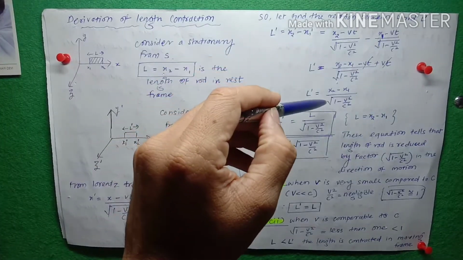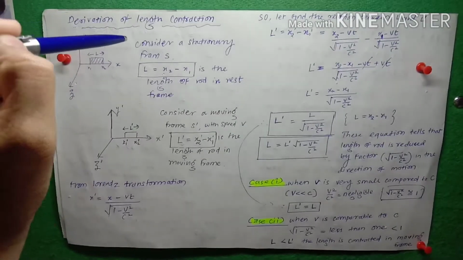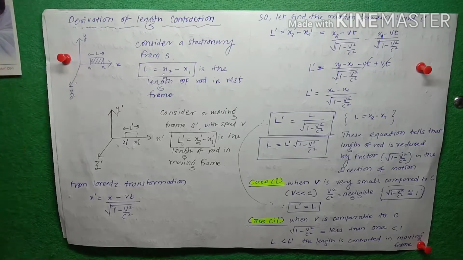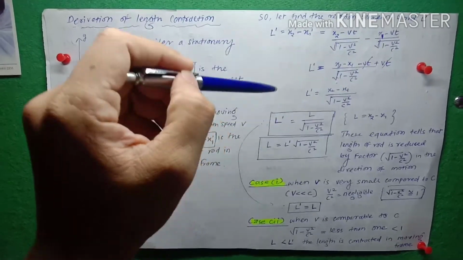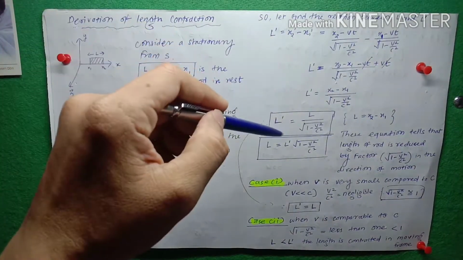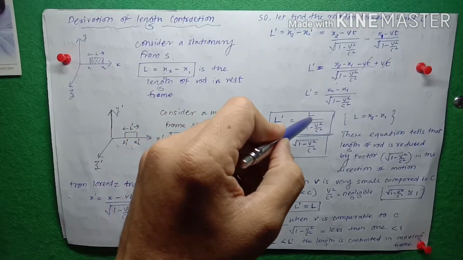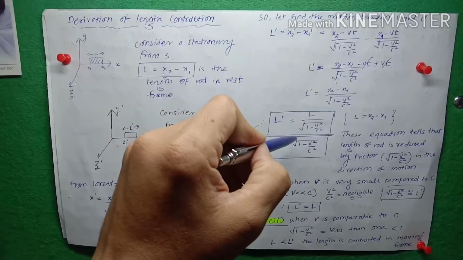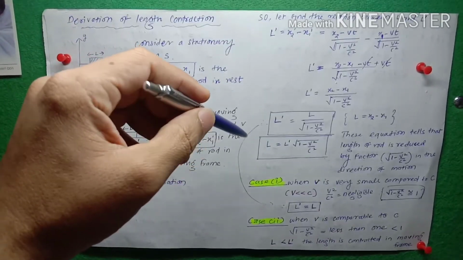Now we already know that x2 minus x1 is nothing but the length of the rod in the rest frame. So we will substitute that value in this equation. So we got a new equation, which is the length contraction formula for the rod, that is L dash is equal to L divided by the root of 1 minus v square by c square.